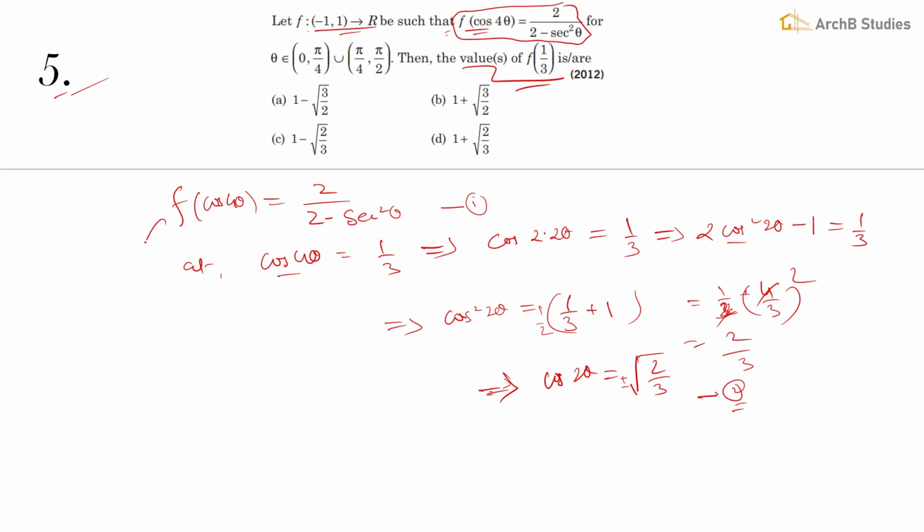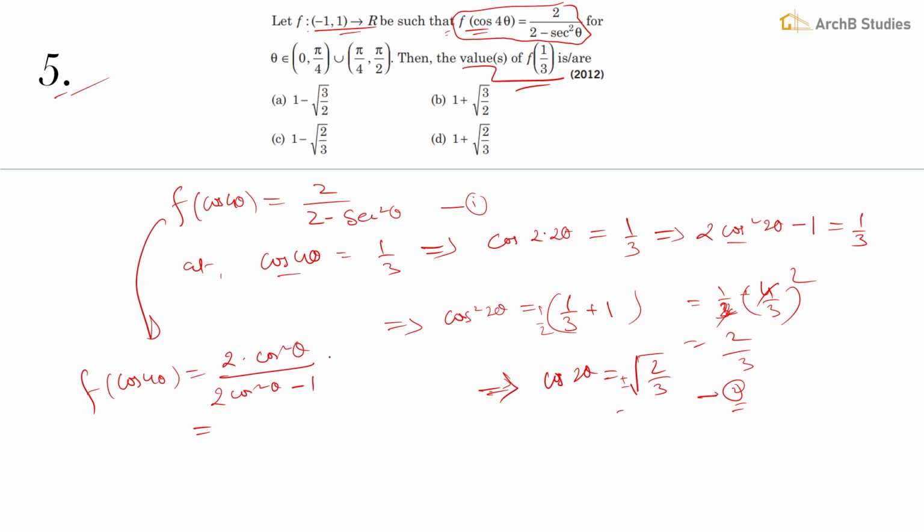Now if we see this again, f of cos 4 theta, if we simplify this, we will get 2 into cos square theta upon 2 cos square theta minus 1. Okay, now the cos 2 theta value is this.